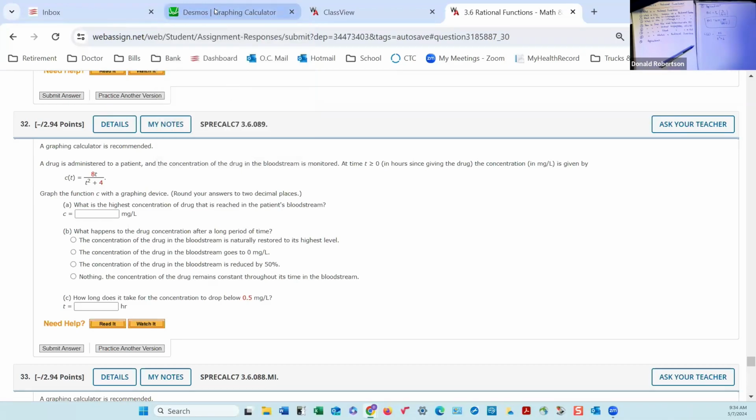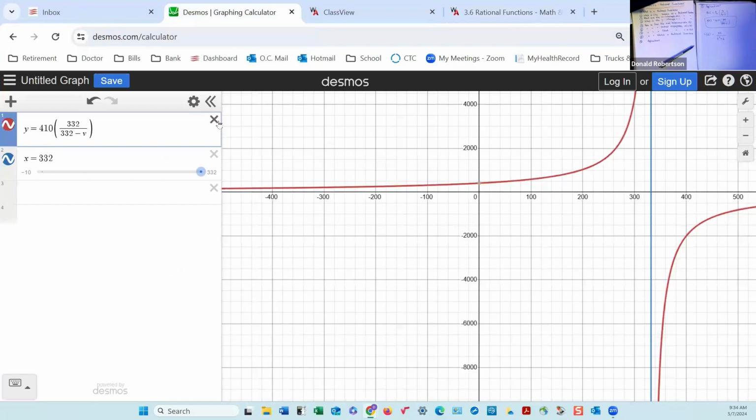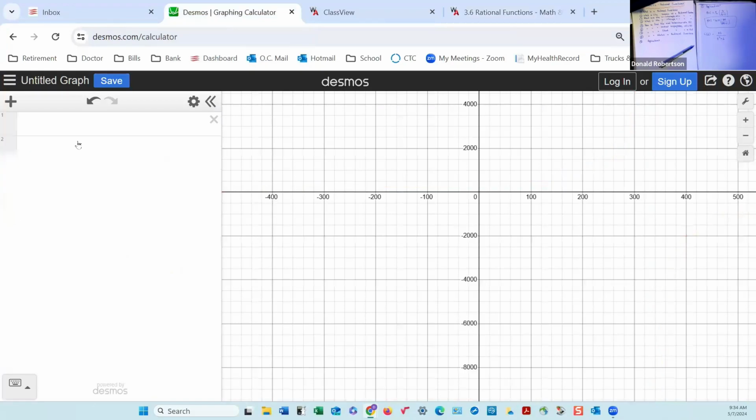So let's kick into Desmos and do the concentration. C equals, I'm going to call it 8t divided by t squared plus 4.